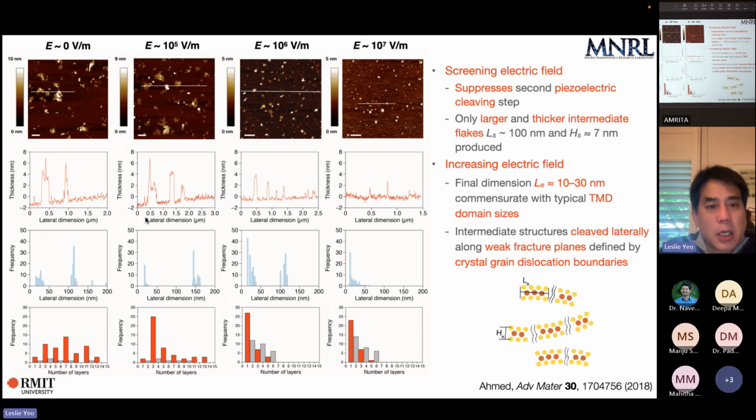And as we increase the electric field, you can see that more and more of the lateral flakes get cleaved into smaller and smaller dimension flakes. And more importantly, the many layers become fewer layers and predominantly monolayer.